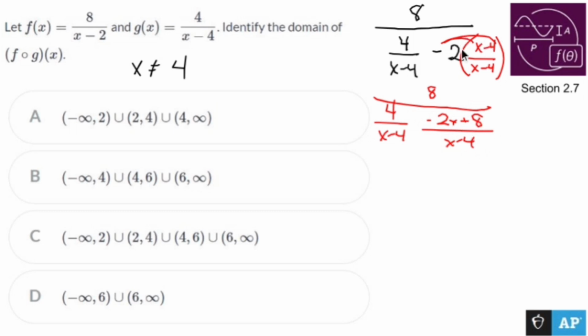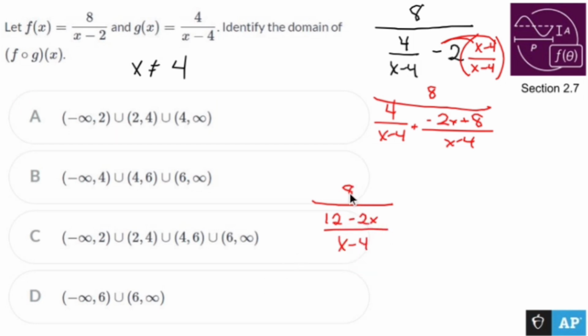Since I distributed the negative 2, you're adding here. Now that I have the same denominator downstairs, I can combine the numerator, so 8 still lives upstairs. 4 minus 2x plus 8 is 12 minus 2x over x minus 4.